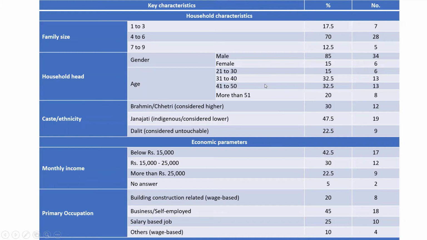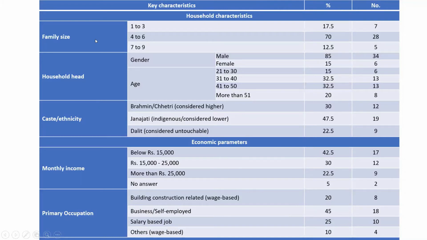I also gathered information on respondents' household and socioeconomic characteristics, as shown in this table. They are helpful to understand their views on how these characteristics can be influential on their adaptation. These features include family size, household head, gender, and caste and ethnicity.